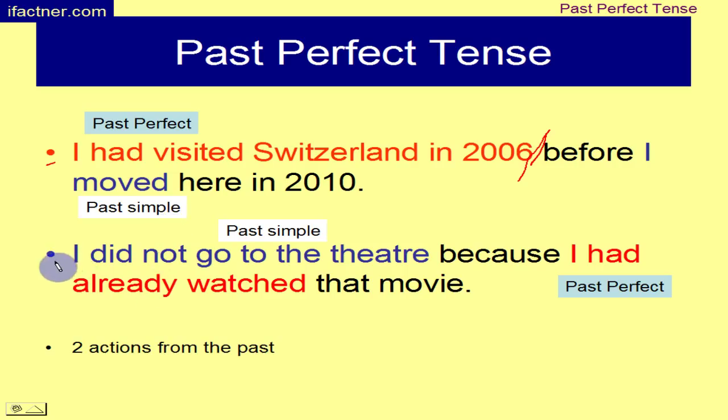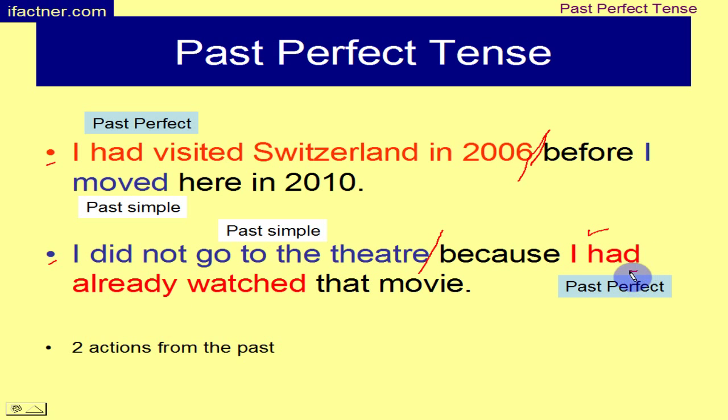We have got another example. I did not go to the theater because I had already watched that movie. The first part shows past simple tense and the second part shows past perfect tense.